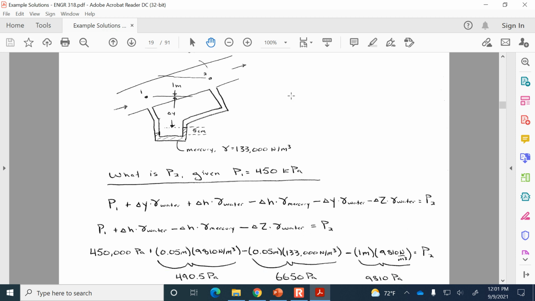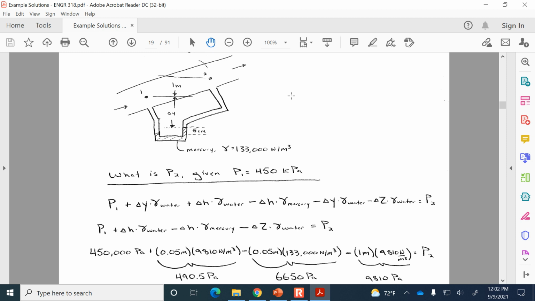All right, now I find it useful and interesting to get a clearer sense of how the pressure is changing through each one of those transition points. You can see here that the first increase in pressure is 490.5 pascals. Then the next change in pressure through the mercury is 6650 pascals. And finally, this last step upward through the water is 9810 pascals.